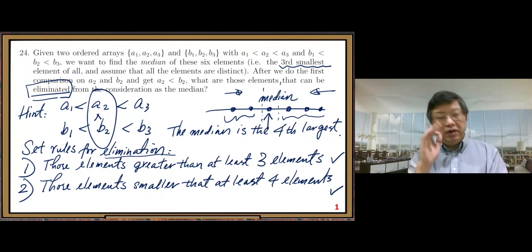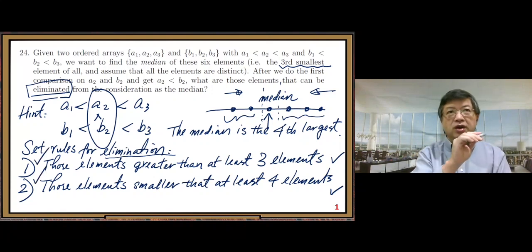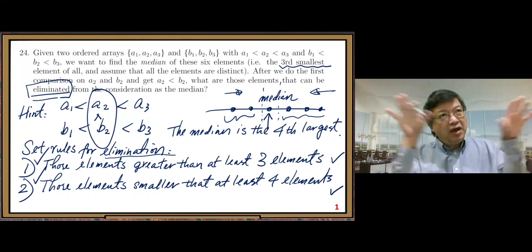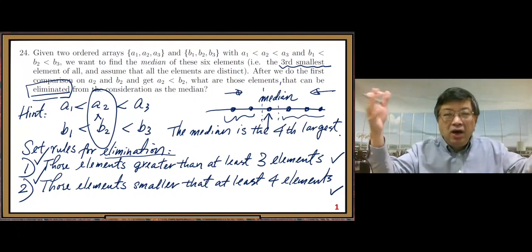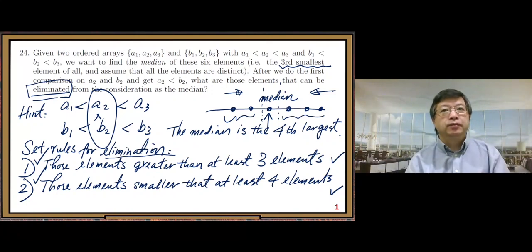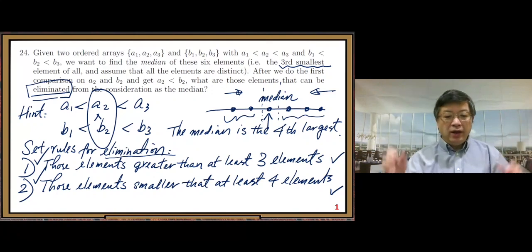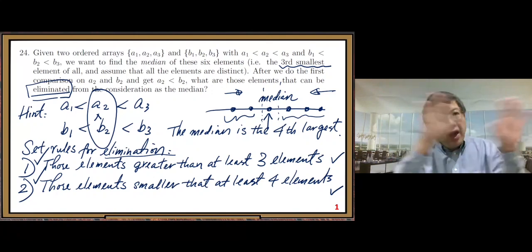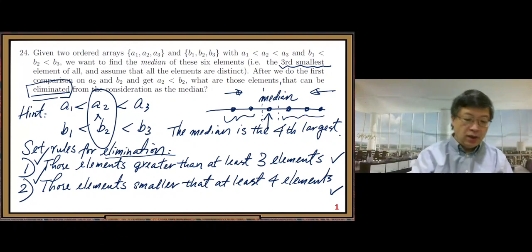You need to use both rules and eliminate elements from both sides, not just one side, then you can eliminate as many elements as possible. That's question number 24, and I complete all the hints for homework assignment number 1.